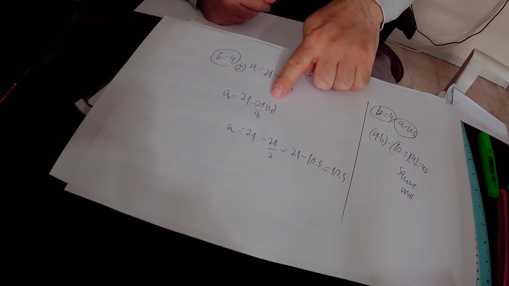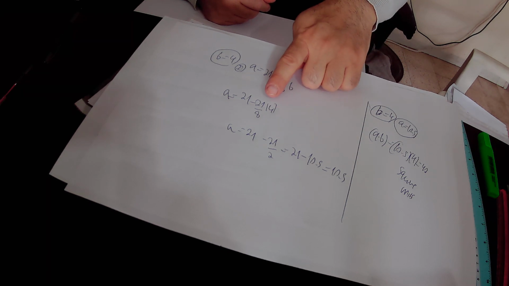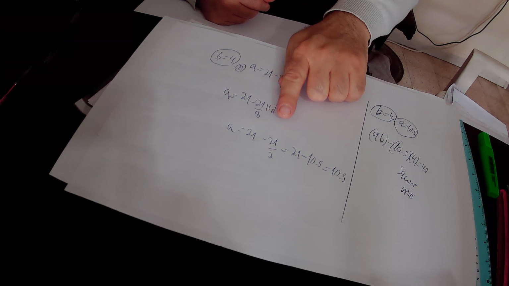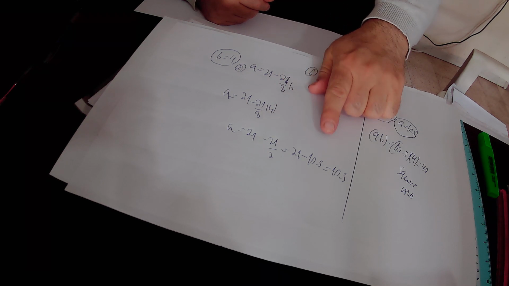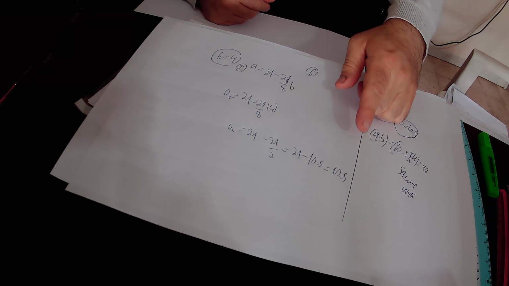We divided both the numerator and the denominator of this expression by 4. 4 over 4 is 1, so in the numerator we are left only with 1 times 21. Here in the denominator we have 8, and 8 over 4 is 2. So the length A equals to 21 minus 21 over 2. 21 over 2 is 10.5. So in total, the length equals to 21 minus 10.5, that is 10.5.